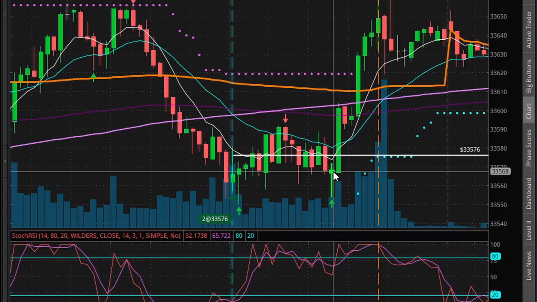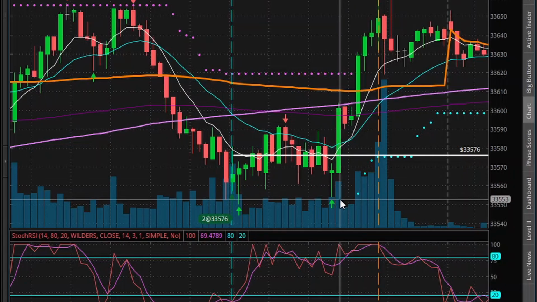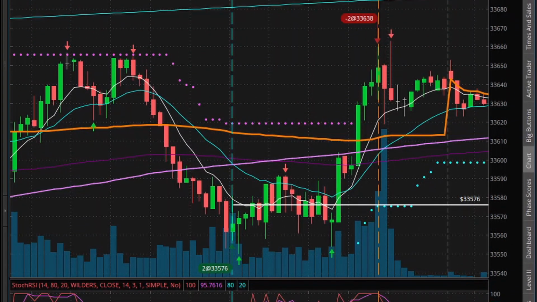A lot of that was because I was looking at the 1-hour chart, and it ended up being quite profitable towards the power hour here. As you can see, this big candle at 12:20 p.m. And for this trade, let me just bring out the calculator to make it easier for us.